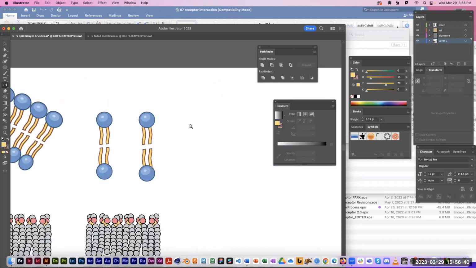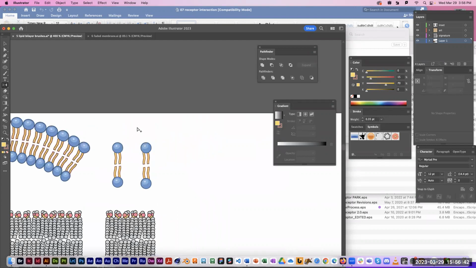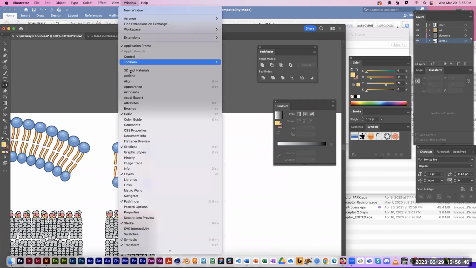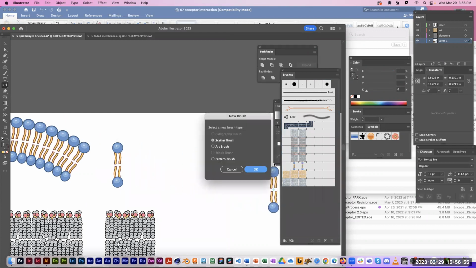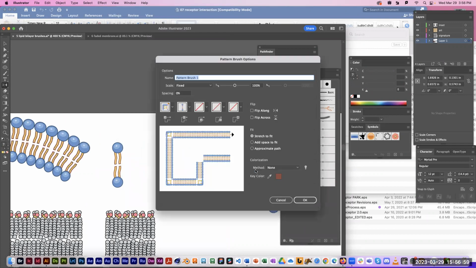So then all I've got to do is, what do I do with my brushes? I think I closed my brushes palette. I just select all these shapes, drag them into the brushes palette, and say make a new pattern brush, and give it a name.